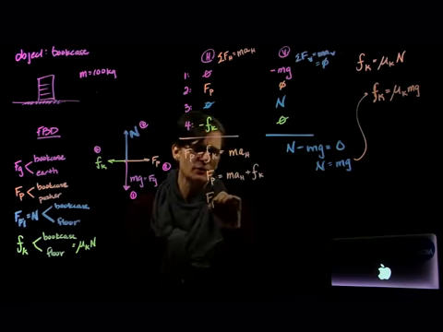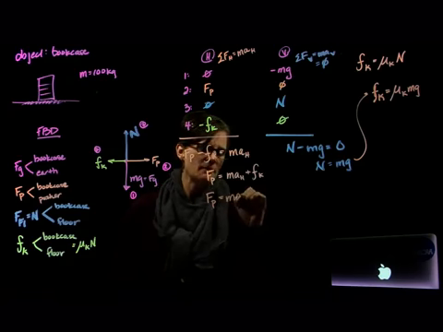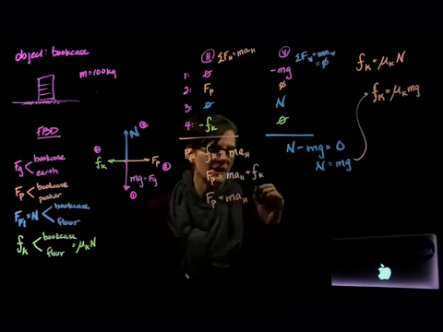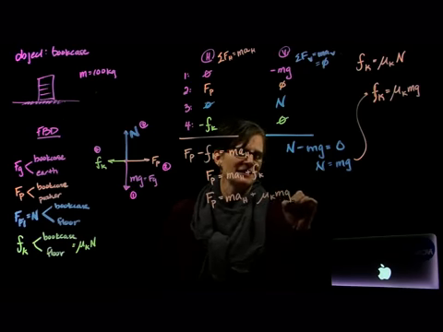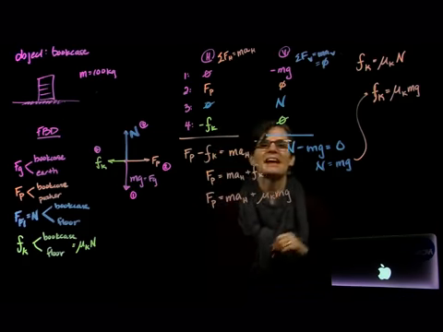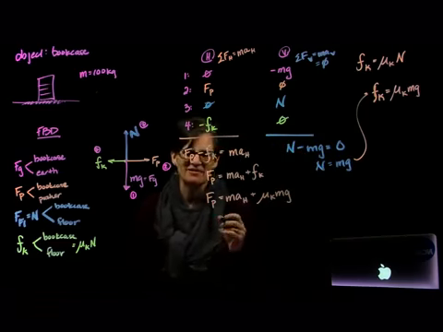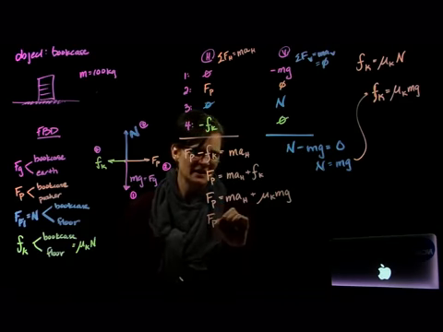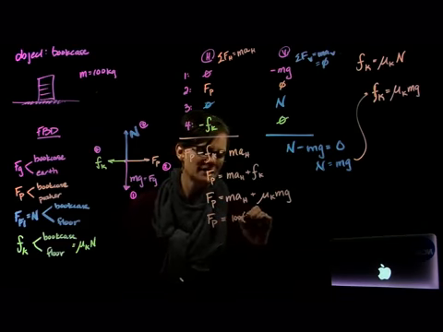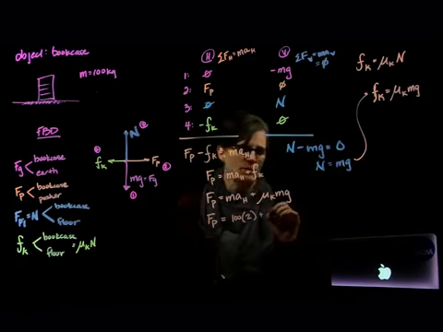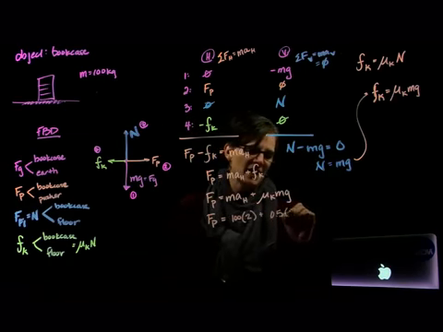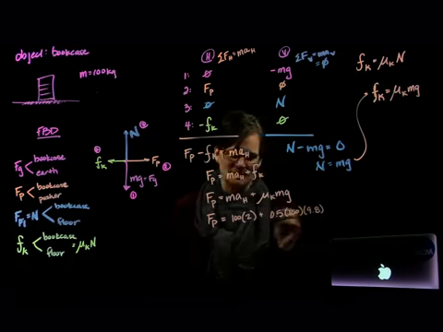So I end up with my force of the push is equal to mass times the acceleration that I want to experience, plus my coefficient times mass times gravity. Now I can plug all my numbers in. I have them all. So the force of the push is equal to the mass of 100 times 2 plus my kinetic friction coefficient, which is 0.5, times 100 times 9.8.